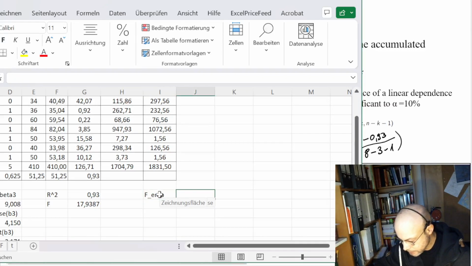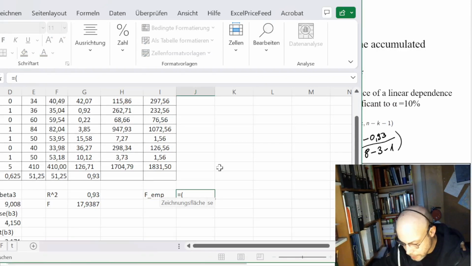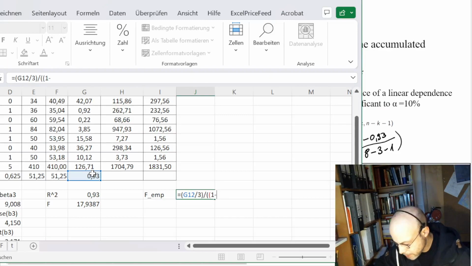This is then equals R squared over K equals 3 divided by 1 minus R squared, and this divided by 8 minus 3 minus 1, and I have to close 2 brackets.